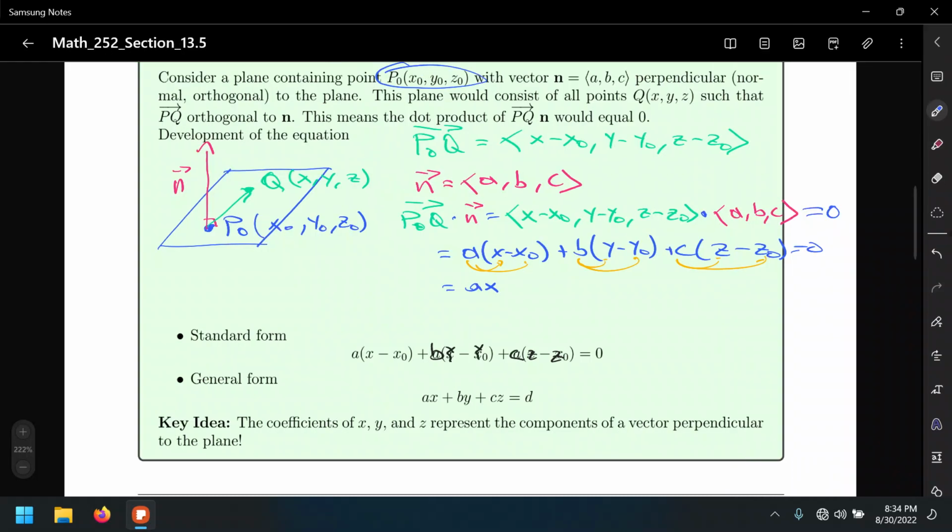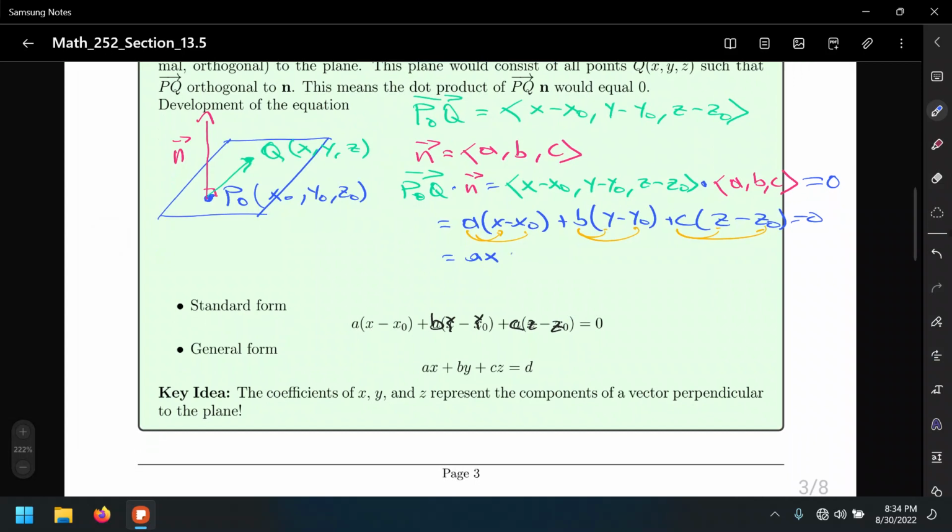Okay, so that's minus a x initial plus b y minus b y initial plus c z minus c z initial equals 0. Okay, so a times x initial, isn't that the product of just two numbers?